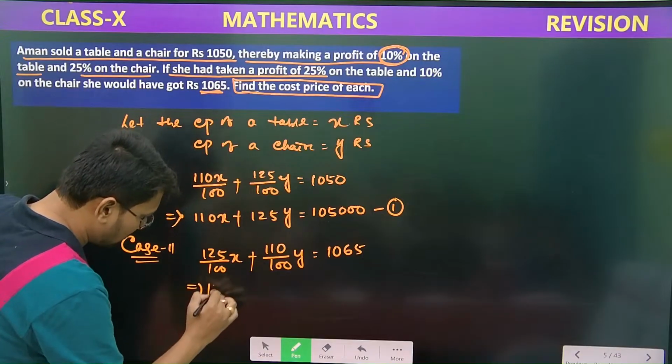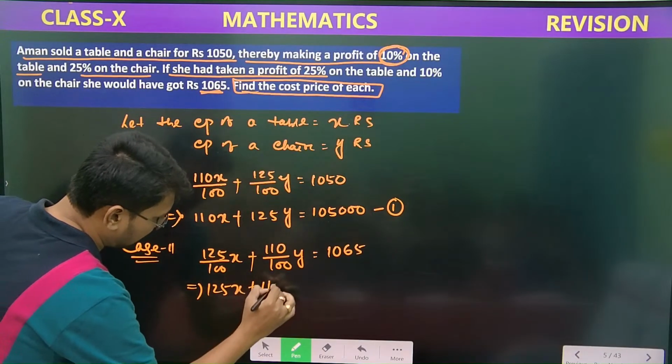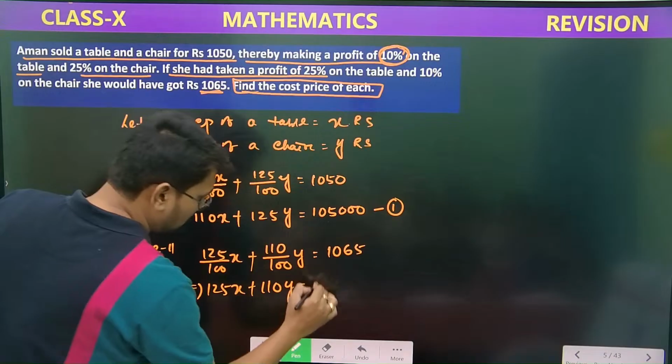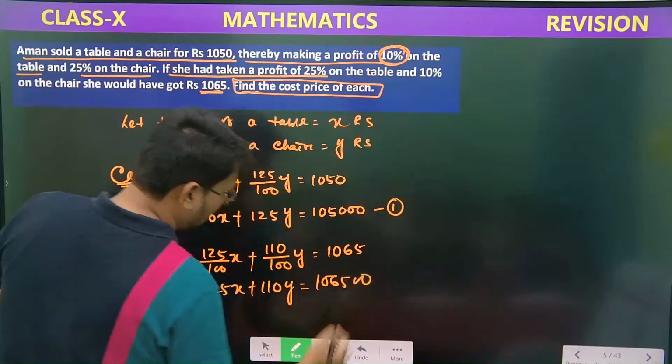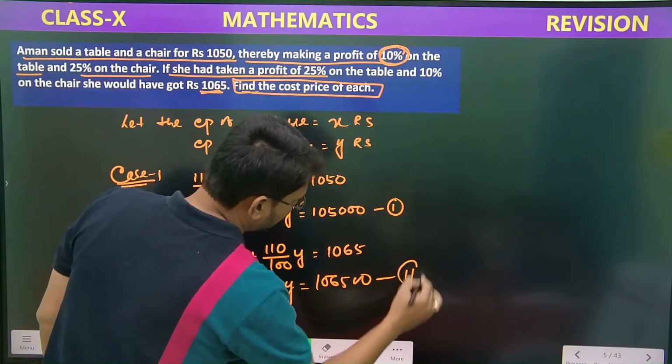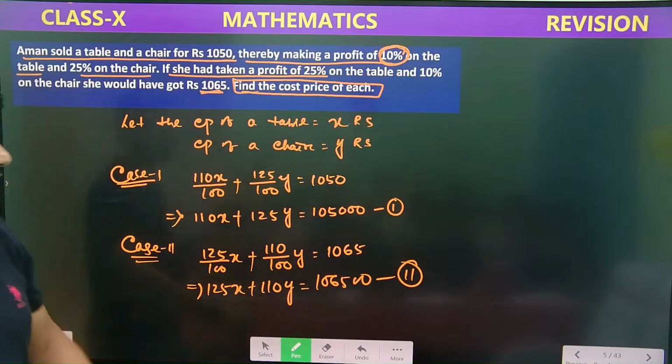This implies 125x plus 110y equals 106500. Yes, equation number 2.